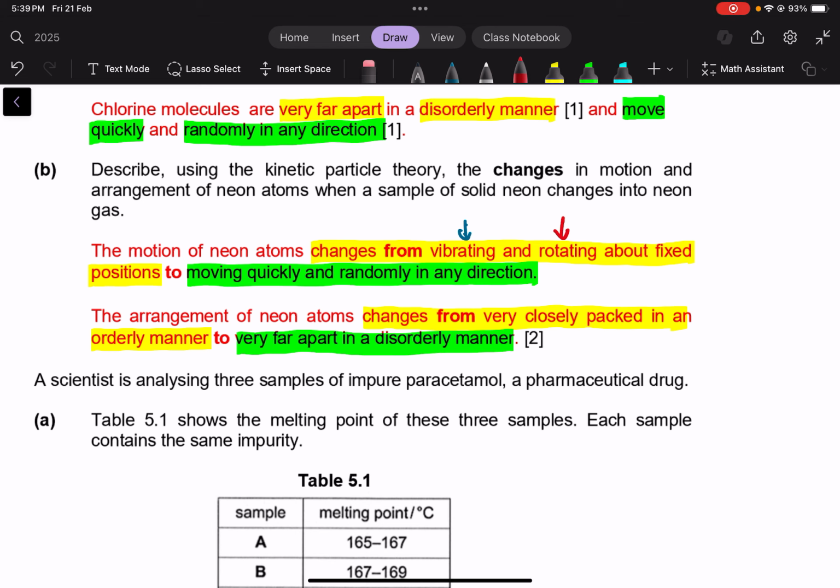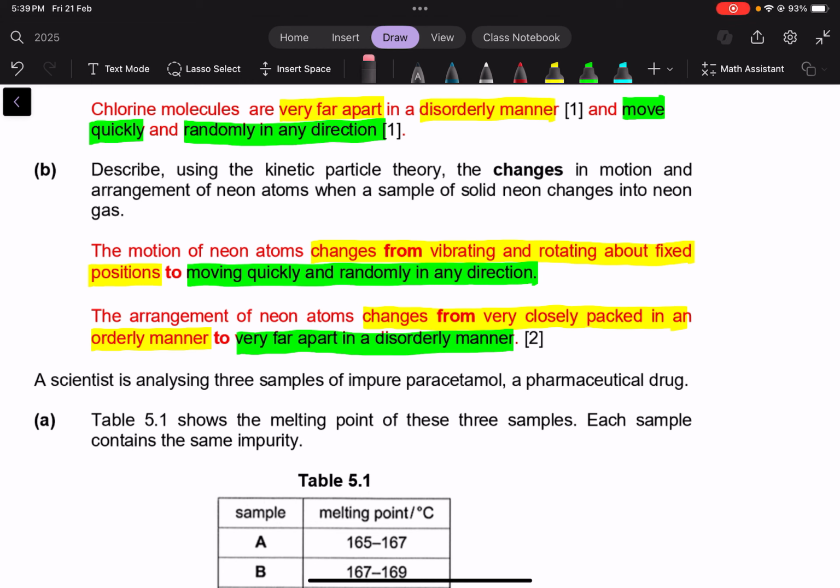Vibrating and rotating are two different things. Vibrating is a sideways movement. Rotating is moving in a circular motion. Particles in a solid state do rotate about their fixed positions. So take note, you have to use both phrases in your answer, vibrating and rotating.